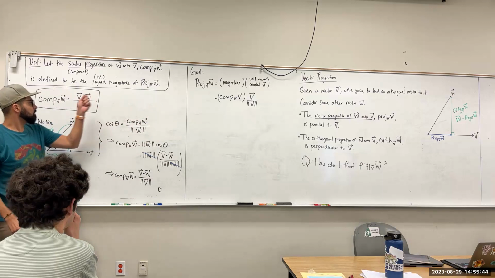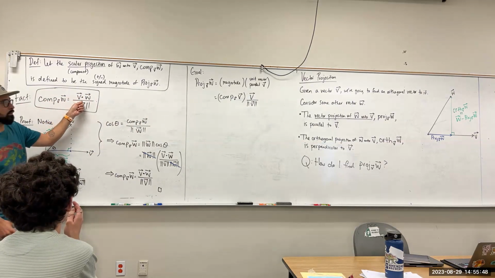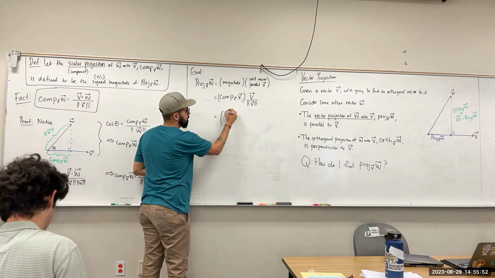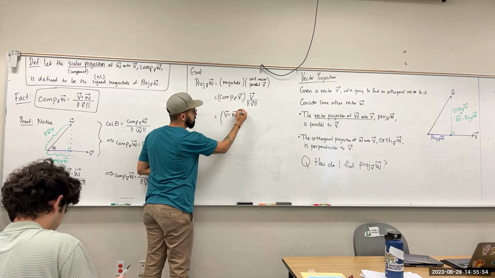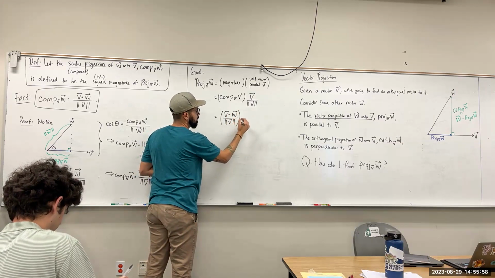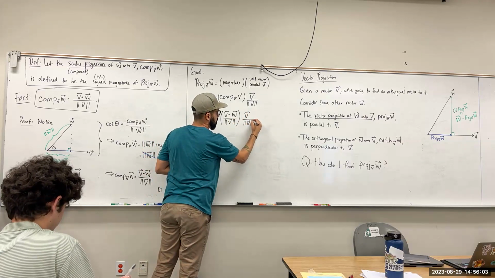But from what we just proved here, to find this, I have to compute it this way. So therefore now I have V dot W over the magnitude of V, and then V over its magnitude.